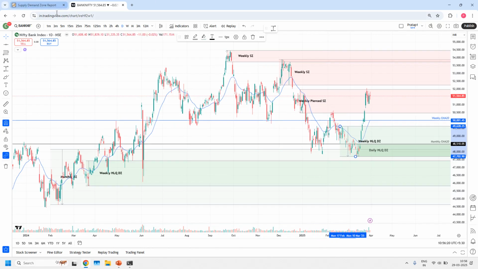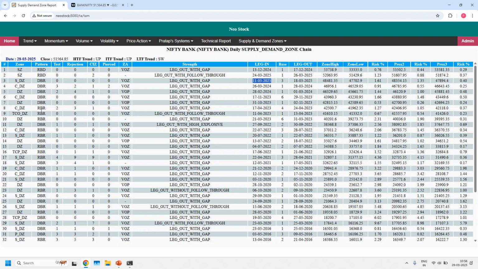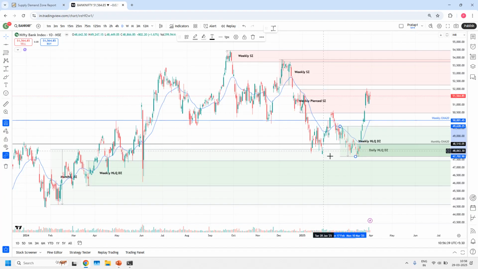Okay, one more demand zone we will draw, because the next one is also high liquidity. But it is a pierced demand zone. Maybe this pierced demand zone may help us identify some traps. When it was created on 26th March 2024, one base candle.